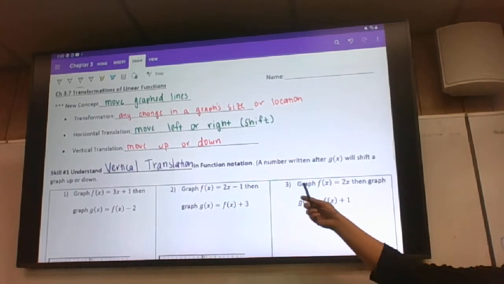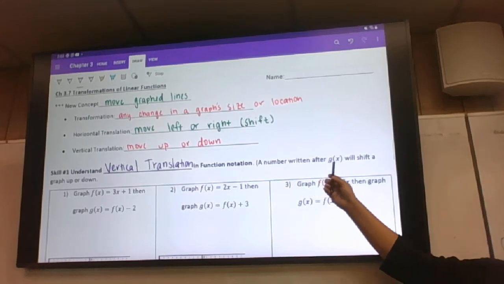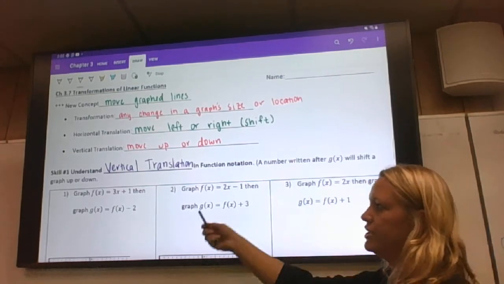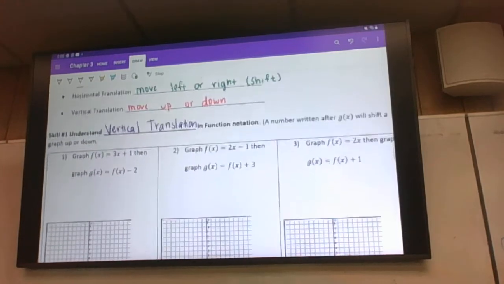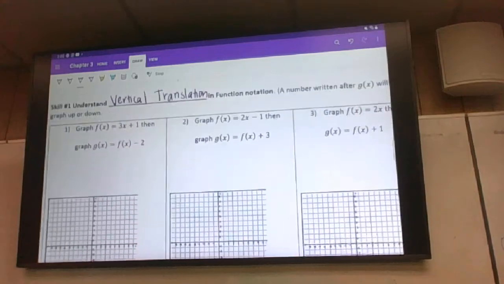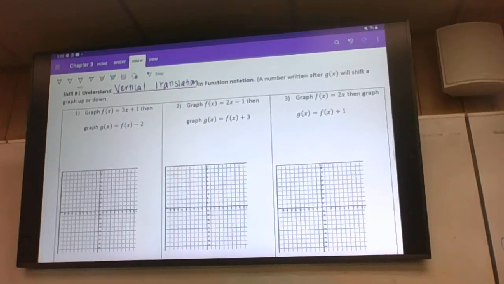So this is a little indicator here. It says a number written after g of x will shift the graph up or down.